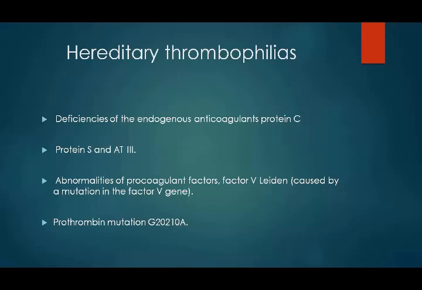So these are the four features in different components of the coagulation pathway, protein C, protein S, factor V Leiden, and prothrombin mutation, which can lead to hereditary thrombophilias.